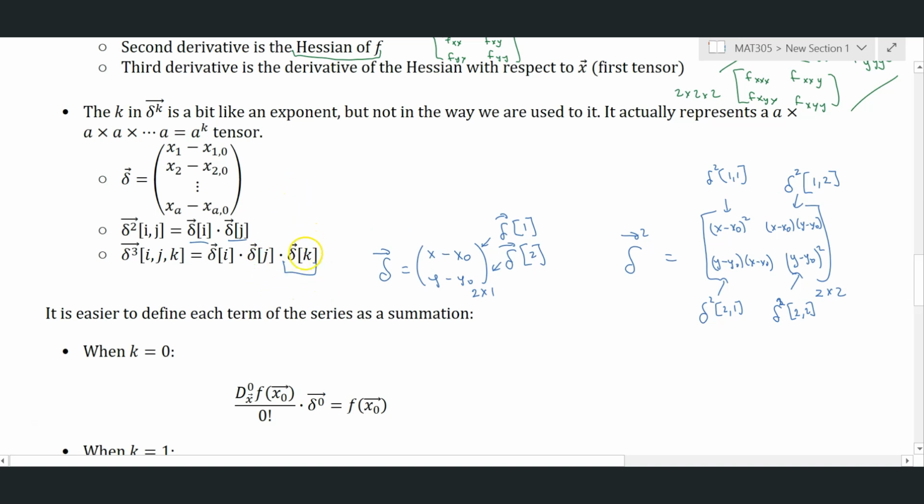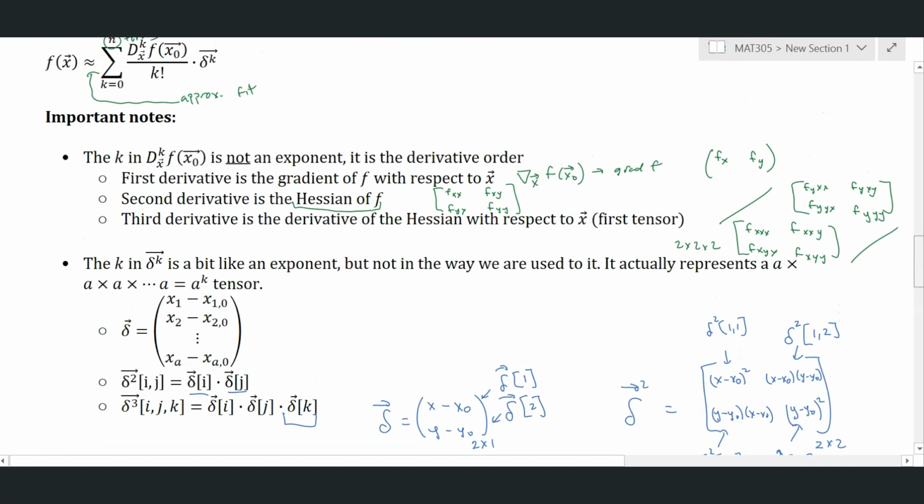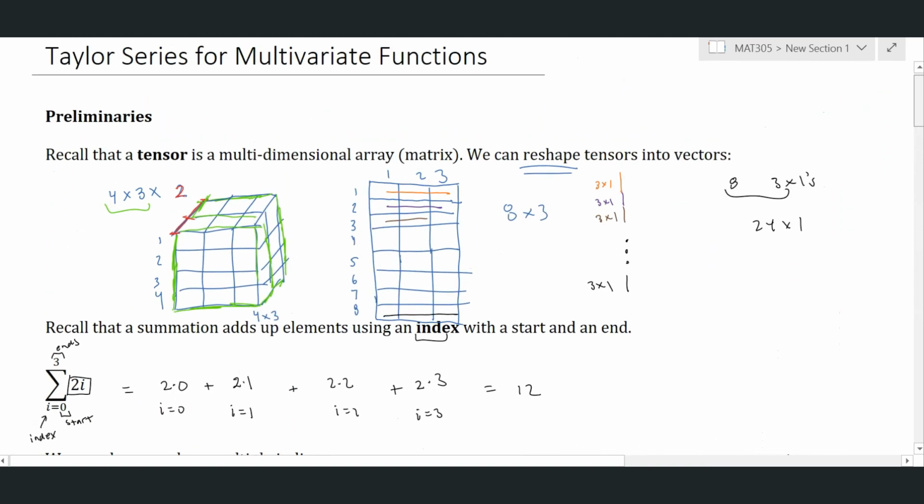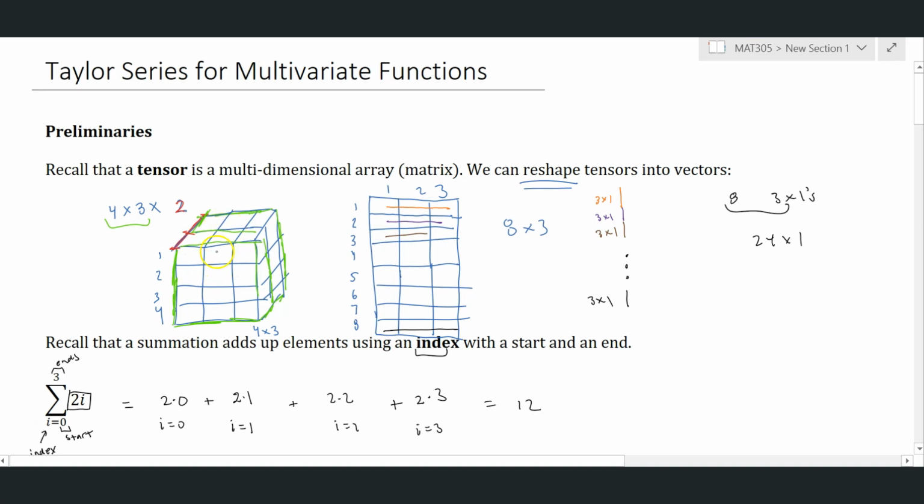Now that we have that paved, remember that we can take a tensor and stack it into columns. If it's a three-dimensional tensor, we take this second stack and we place it right below.